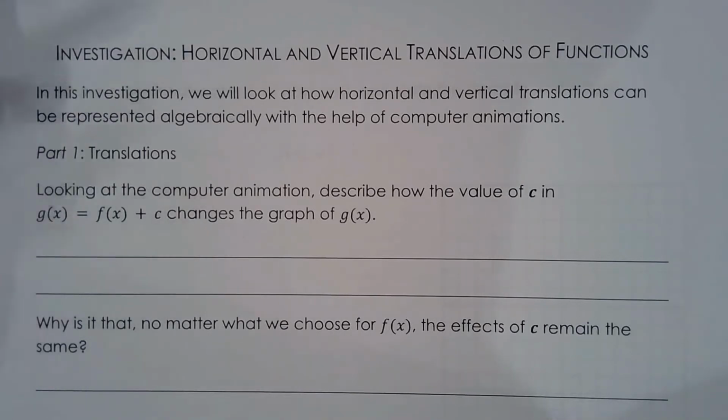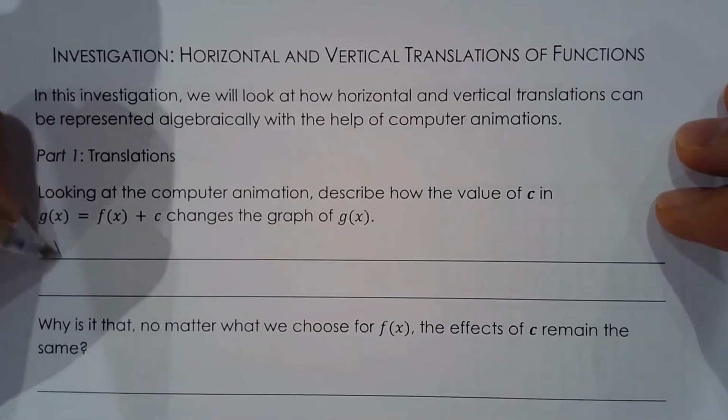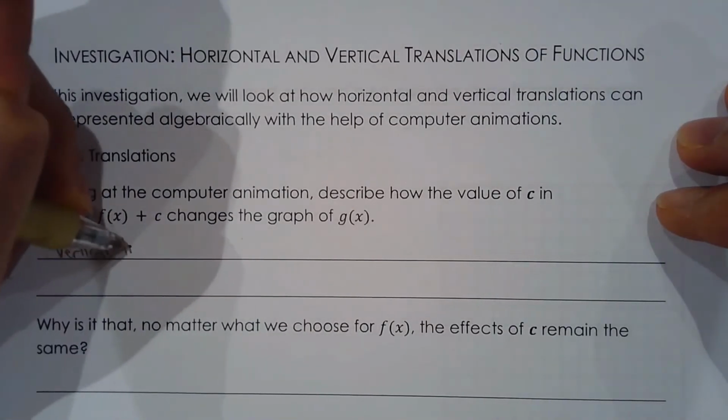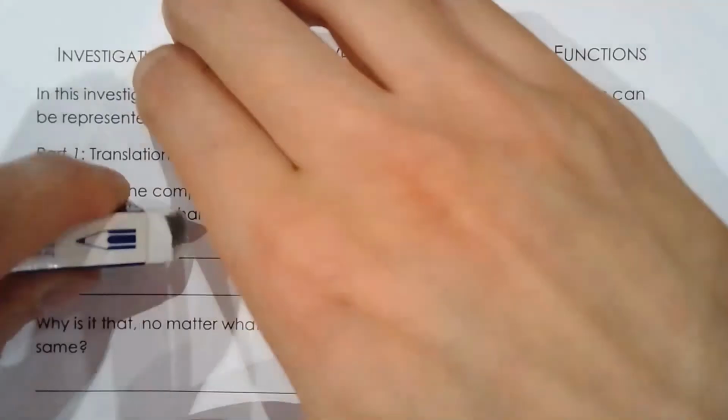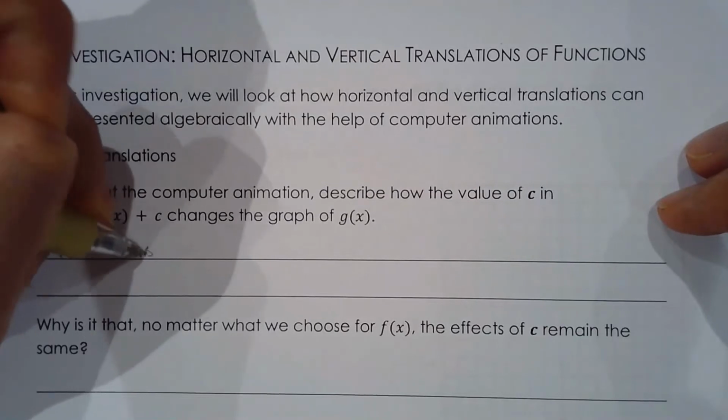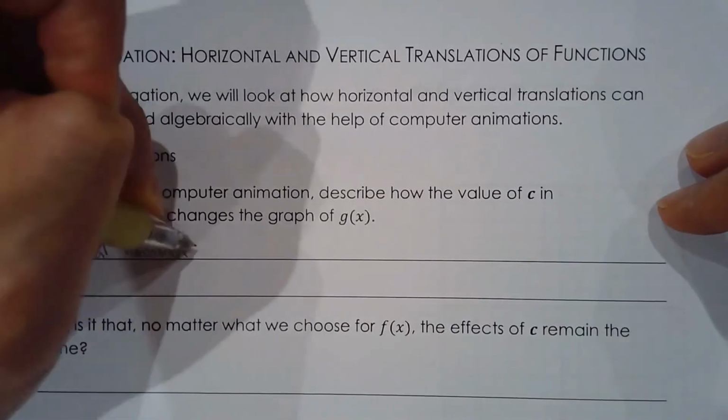Describe how the value of c in g of x equals f of x plus c changes the graph of g of x. Whatever c is, it's a vertical translation by c units.